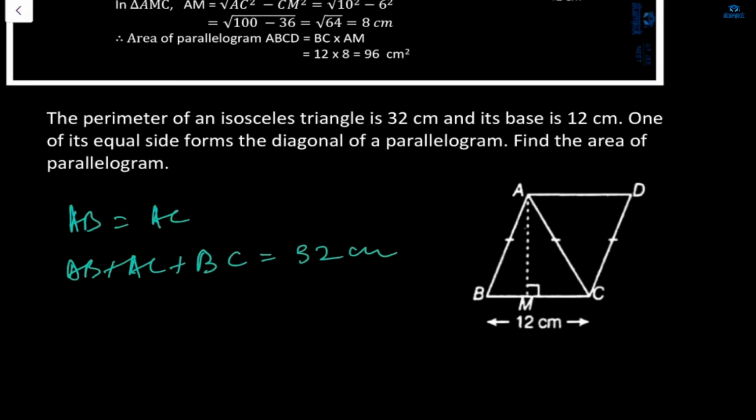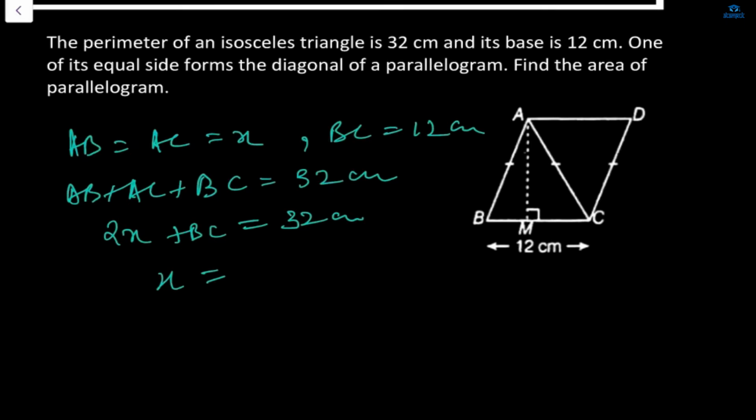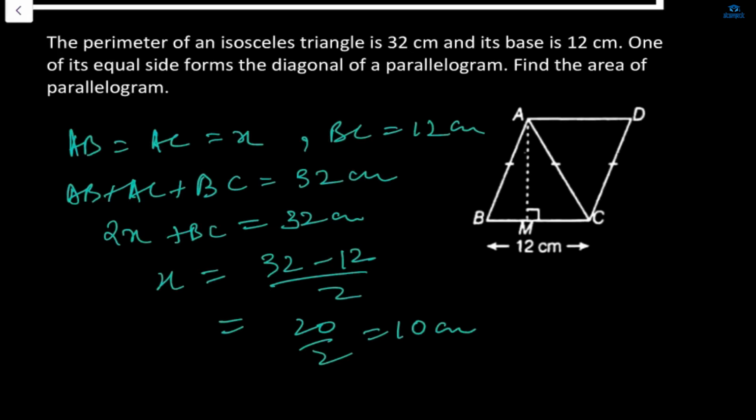So you can take each equal side as X. So 2X plus BC is equal to 32 centimeter. BC value is equal to 12 centimeter. So X value will be equal to 32 minus 12 upon 2, which will be equal to 20 upon 2, 10 centimeter. So each side will be of 10 centimeter.